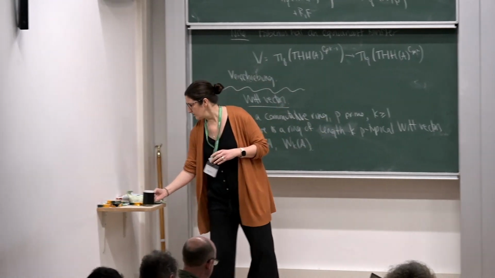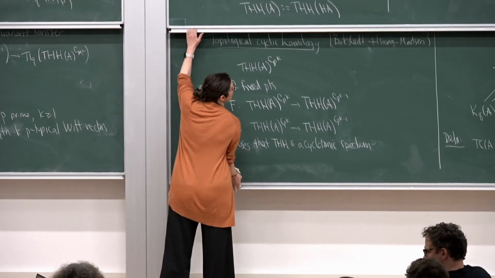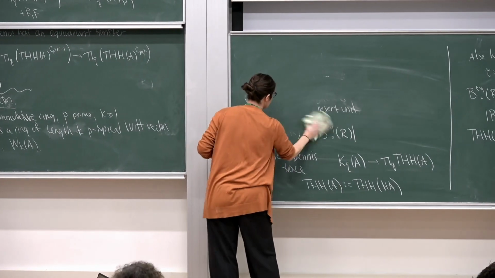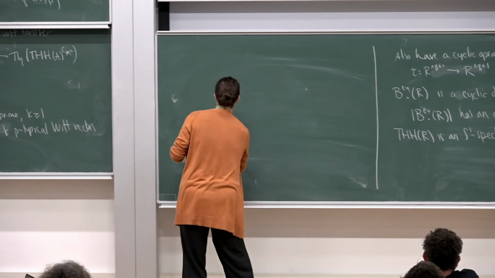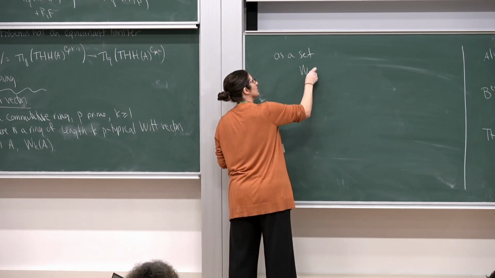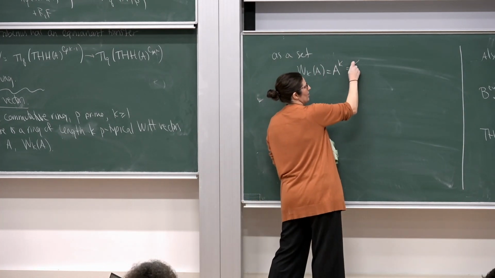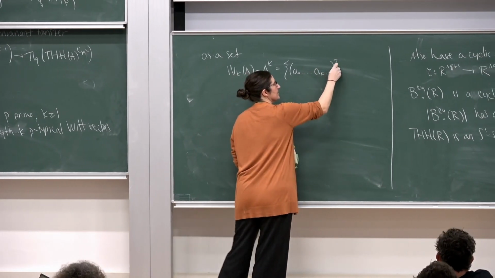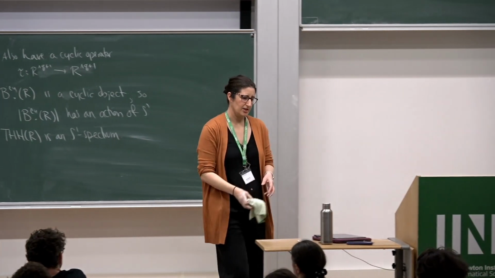And I want to tell you what this ring is ever so briefly. So the ring of p-typical Witt vectors on A, as a set, is simple enough. As a set, this thing just looks like a product of k copies of A. So my elements are just k-tuples of elements of A. But it has this weird multiplication and addition on it.